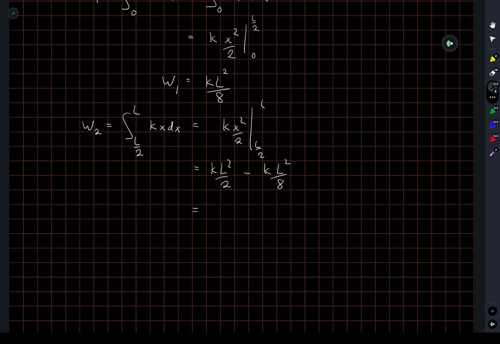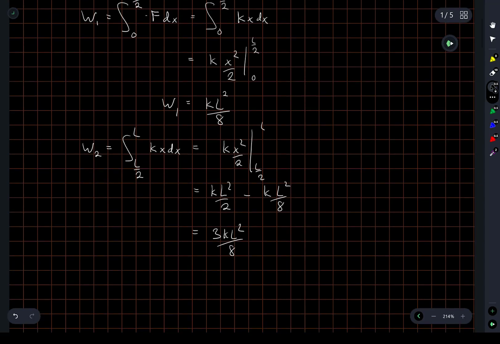Multiply by 4 minus 1, so this is 3k L squared over 8. Okay, so W1 is k L squared over 8, and W2 is 3 times larger.